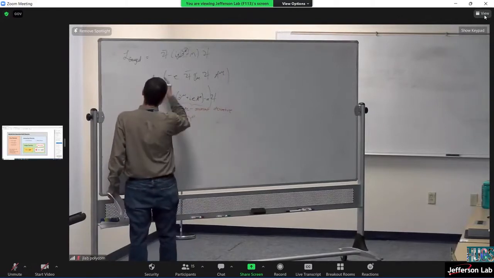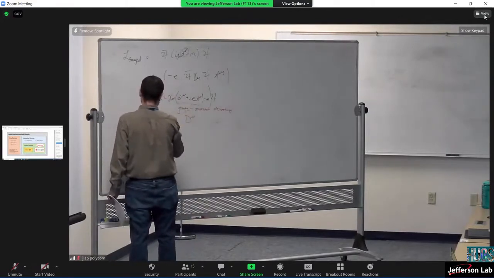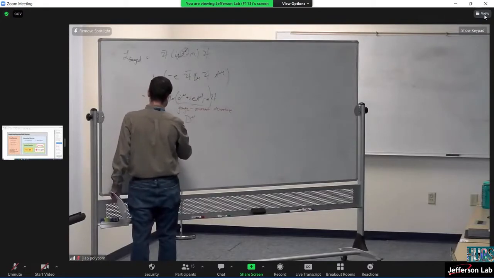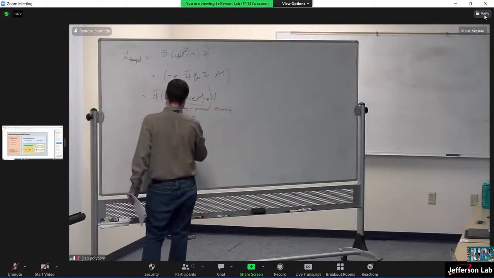And so the gauge Lagrangian, after adding this term, you can write it as just a mapping of the partial derivative to the covariant derivative.